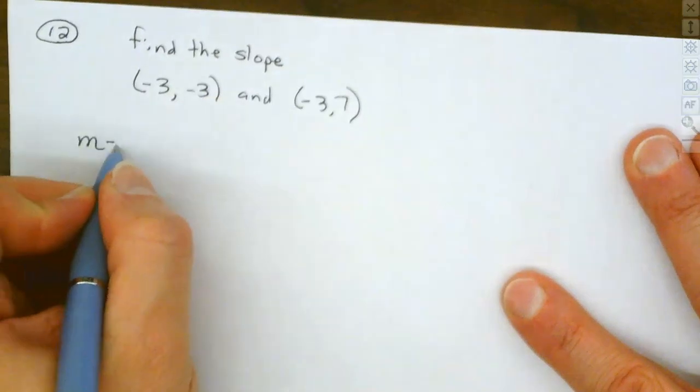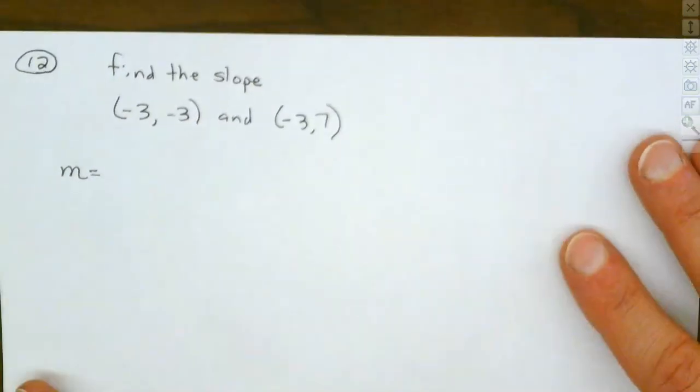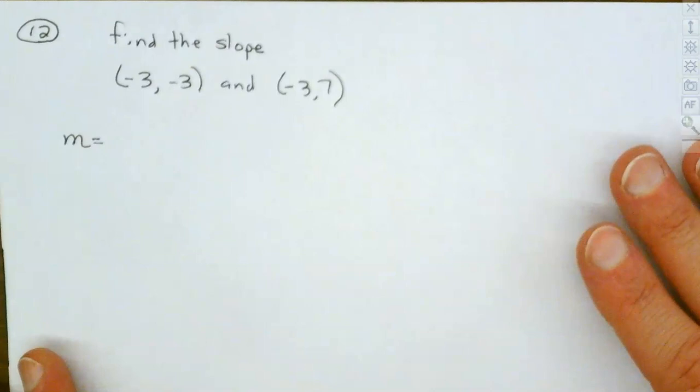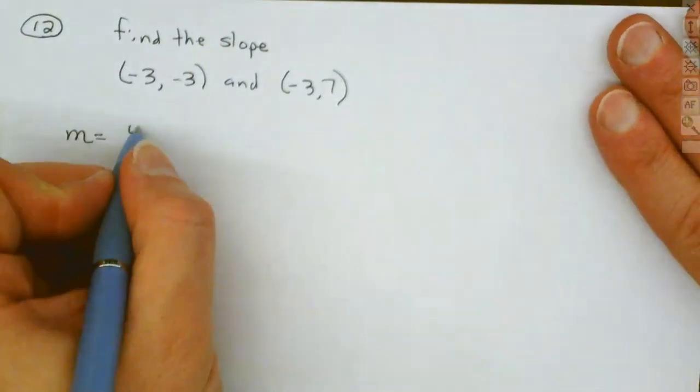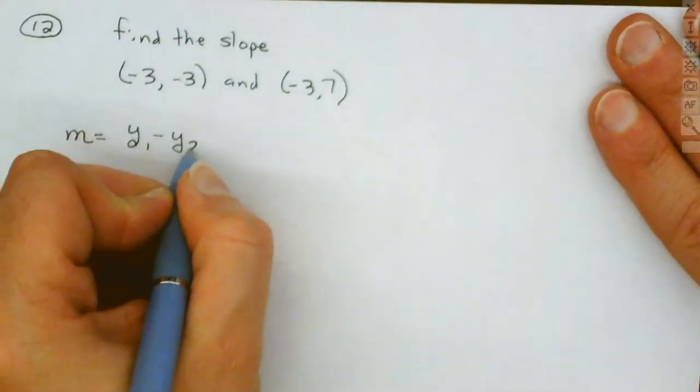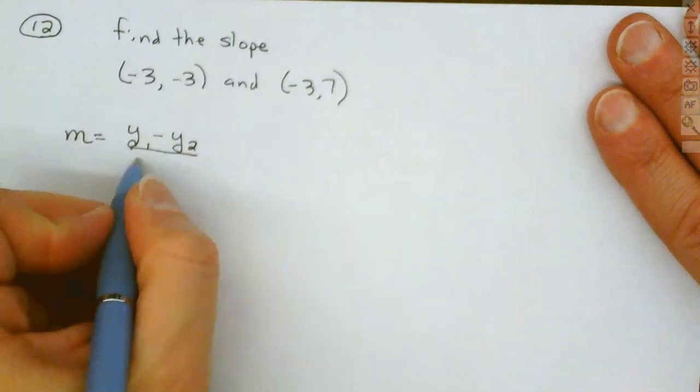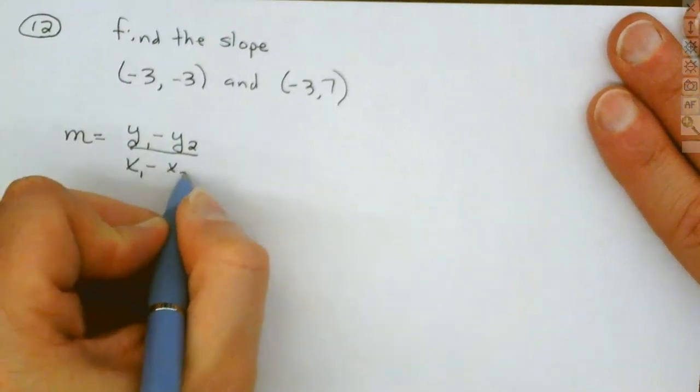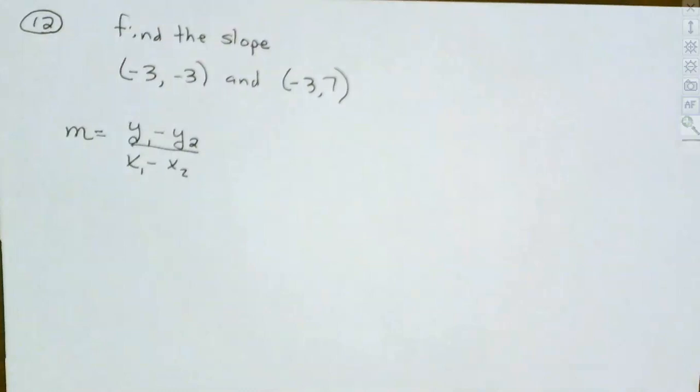Now, what's our formula for the slope? Our formula for the slope is y1 minus y2 over x1 minus x2. Now, why is the y in the top half of this fraction? Well, if we think about our slope is rise over run. When I talk about rising, that's going up and down.